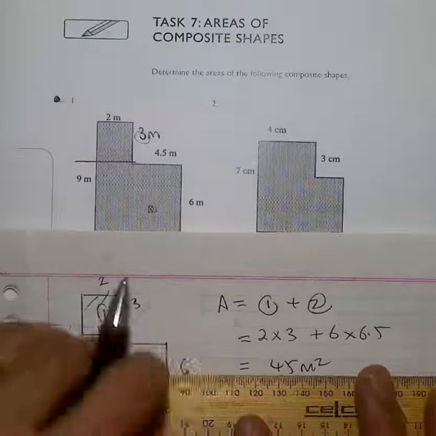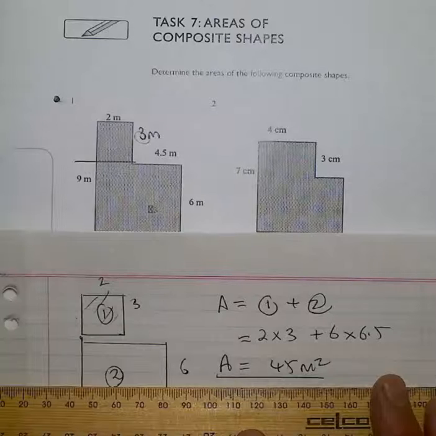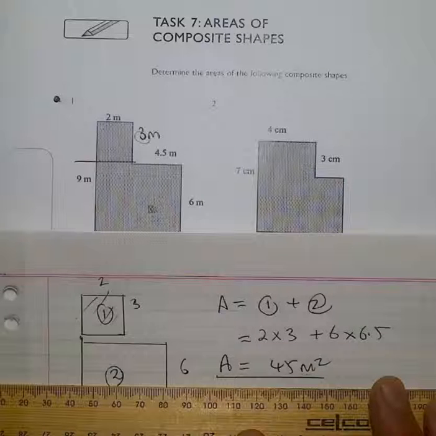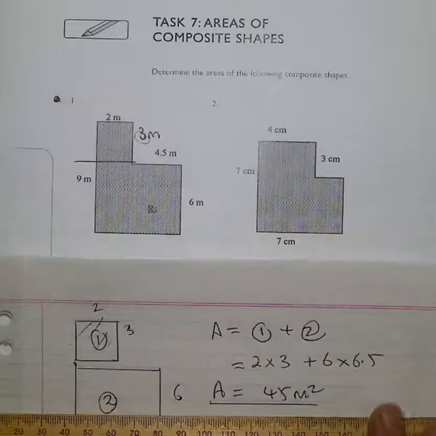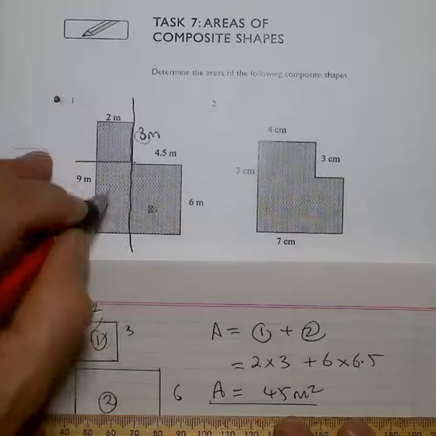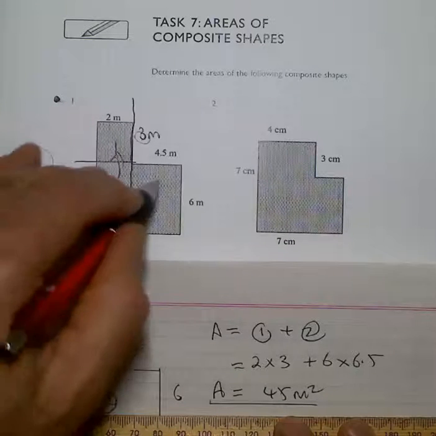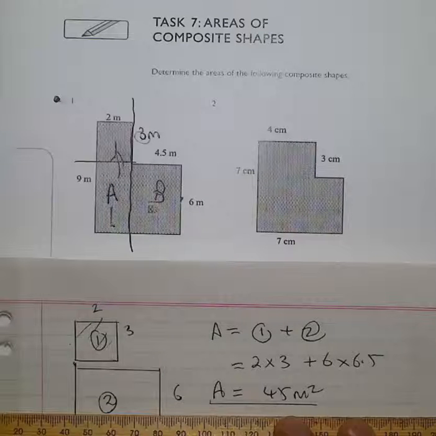Now please notice, before you tackle this, make sure you know the dimensions of the two shapes you're going to work with. I didn't do it in this problem, but I could have also tackled it in this way, dividing the shape up into two parts, A there and B there, and worked it on that basis. You may well have chosen to do that yourself.